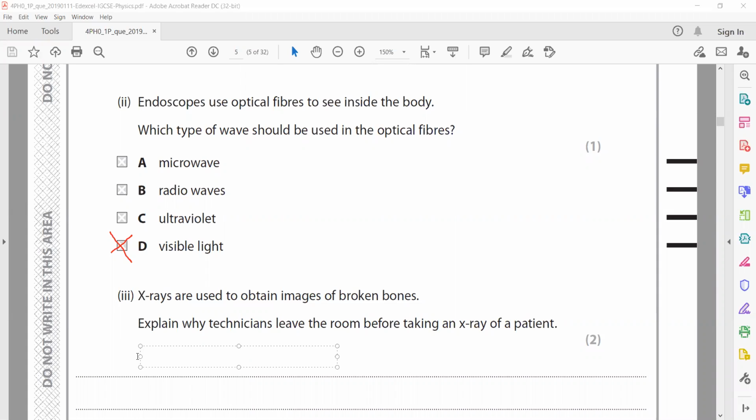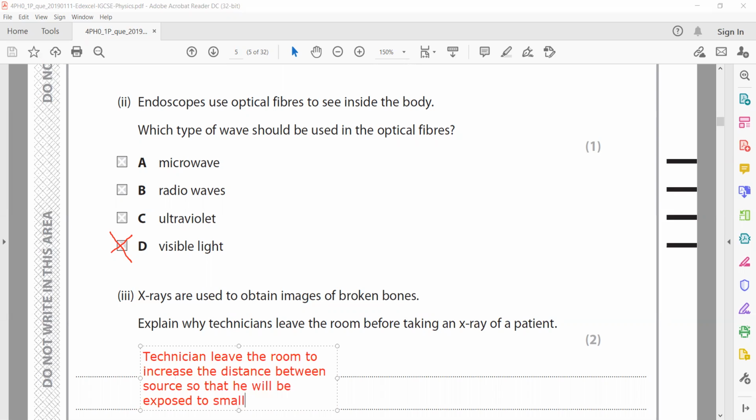The technician moves away from, or goes out of, the room to increase the distance between the source and themselves, so that they will be exposed to a small amount of radiation, because the amount of radiation which reaches the object reduces with the distance.